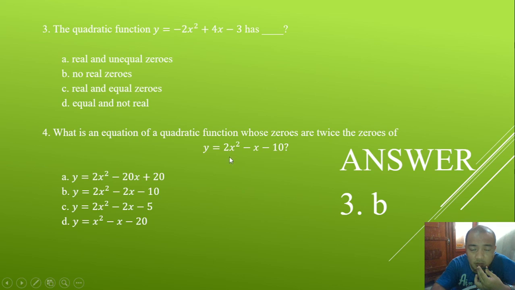Okay, what are the zeros of 2x squared minus x minus 10? Then apply the sum and product of a quadratic equation or function. Then what will be your answer here? The answer is D. Y equals x squared minus x minus 20. Okay. You can verify your answer.